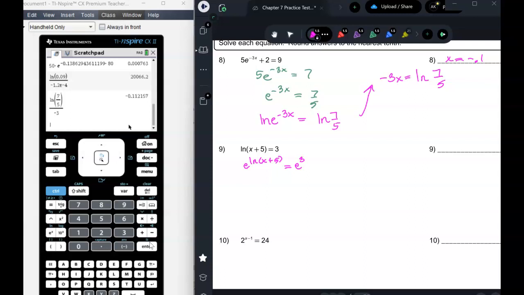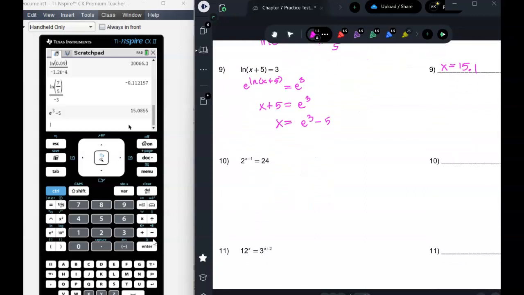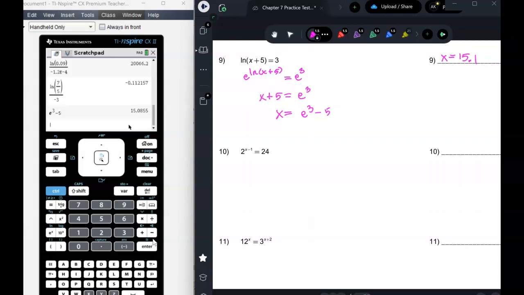And then what happens on the left side, the e and the natural log cancel, and it's just x plus 5. So x is equal to e cubed minus 5. I think I asked for it rounded to the 10th. So x equals 15.1. We should do that whenever we have to distribute.